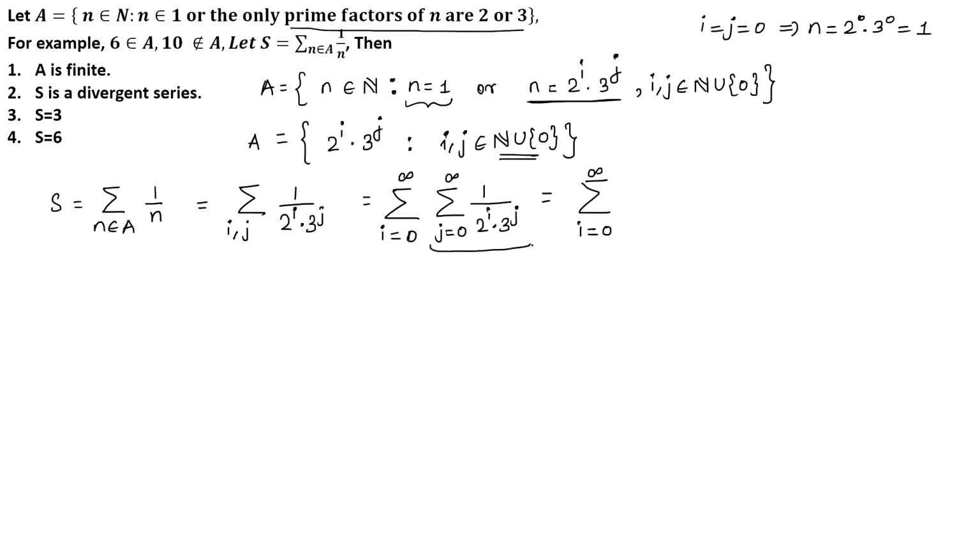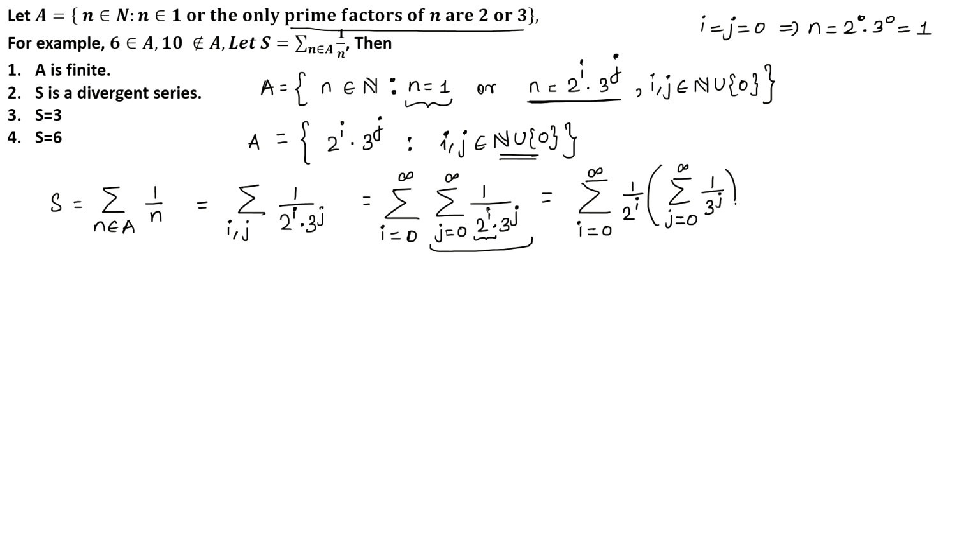If we consider the series sigma j equals 0 to infinity of 1 by 2 raised to i into 3 raised to j, then you can see that 1 by 2 raised to i is a constant, and therefore we can bring it out. So 1 by 2 raised to i into sigma j equals 0 to infinity of 1 by 3 raised to j.